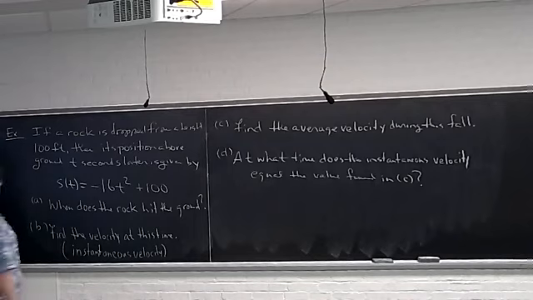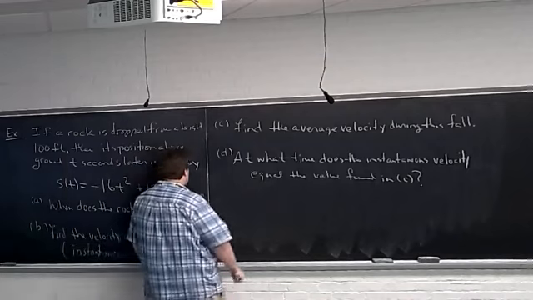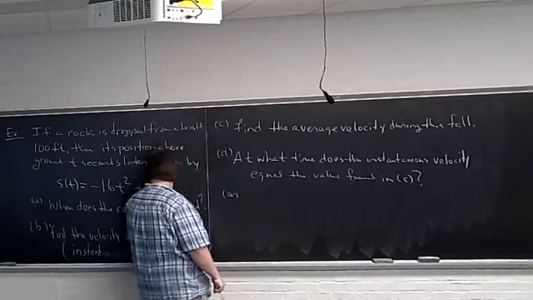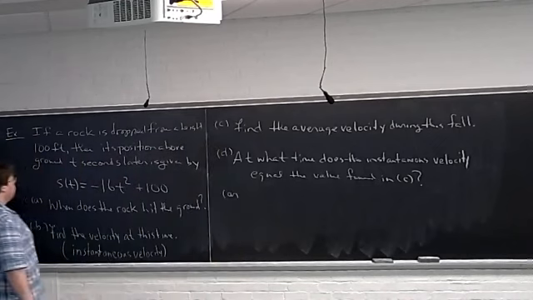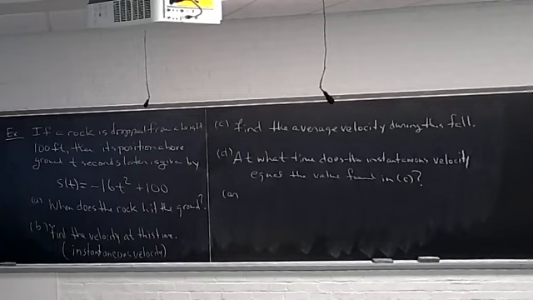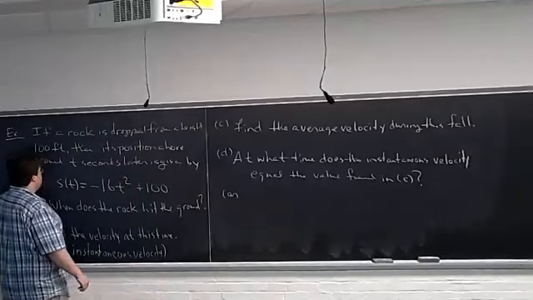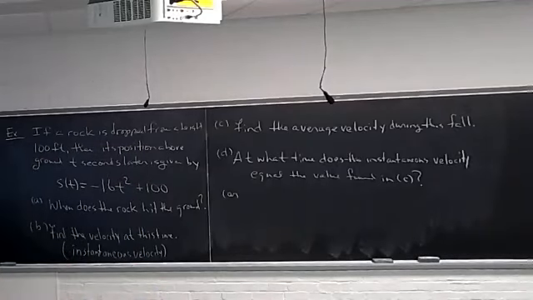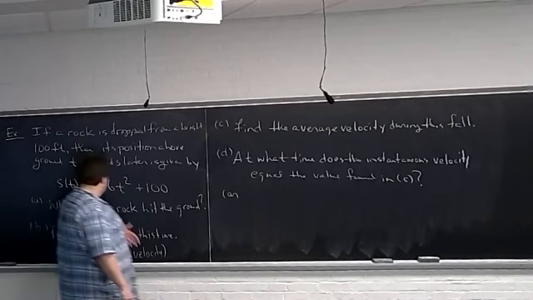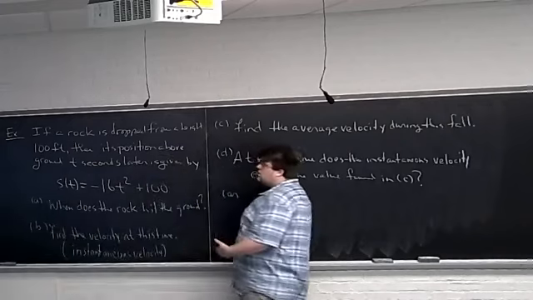So let's start with part A, because we need that for part B and we need that for part C. When does the rock hit the ground? Well, for this, what does our position function measure? The position function measures the position above ground. So what is the position when the rock hits the ground?